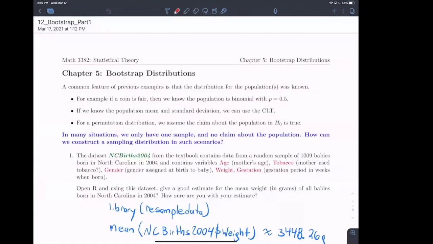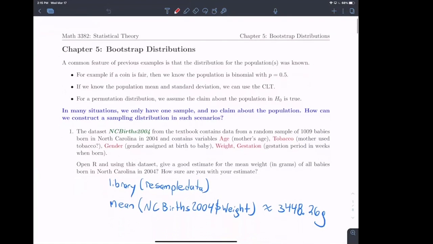Okay. So then let's take a look at the material in chapter 5. Chapter 5 is going to talk about the other main type of inference that we do, which is using confidence intervals.